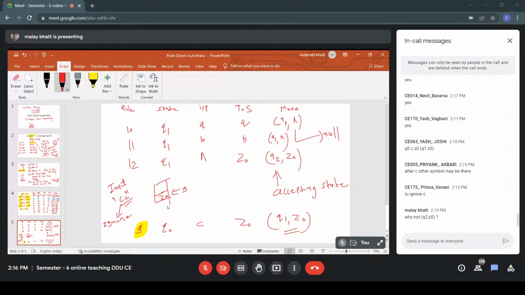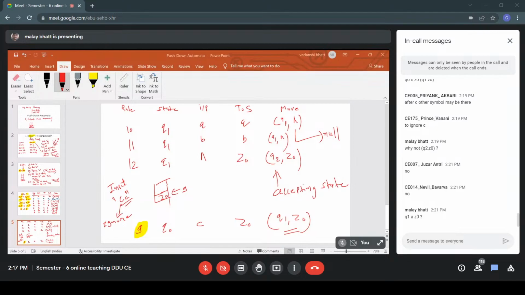Now from the Q1 state on input A, we check for a rule from the Q1 state, which is a pop operation, with input A and top of the stack Z0. Do we have any rule like Q1 A Z0?